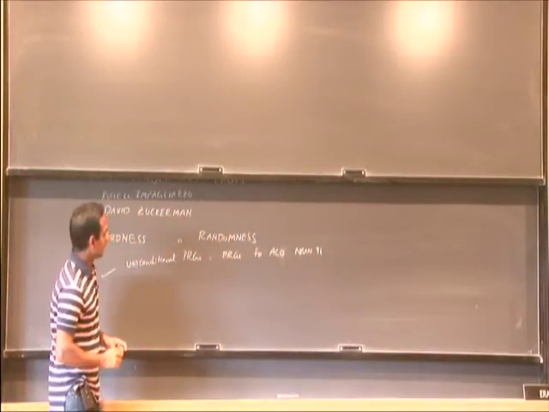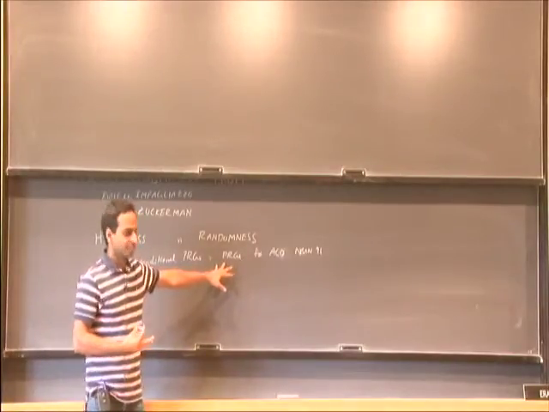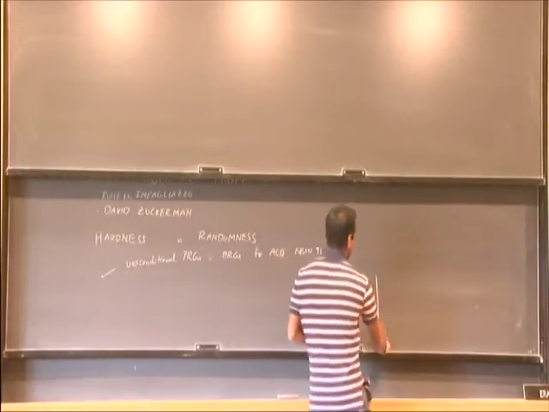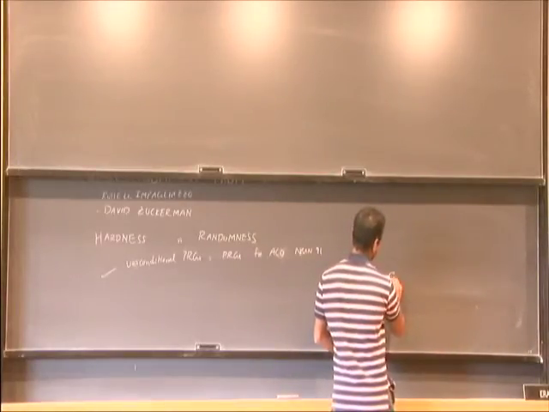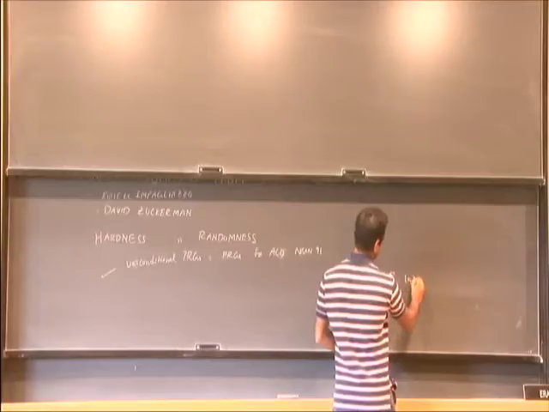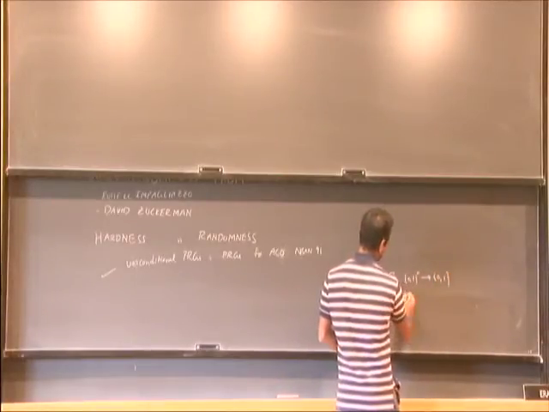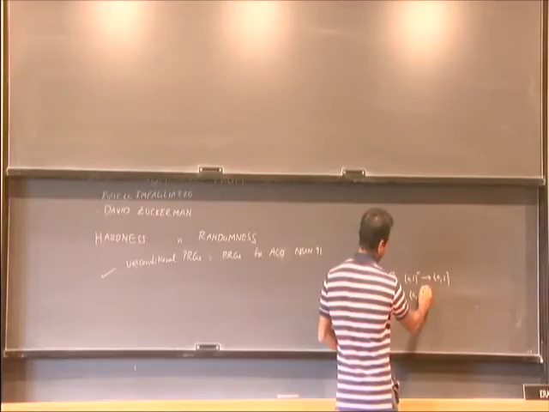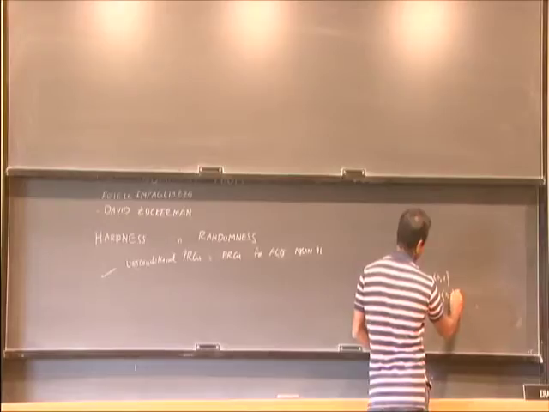Let me just define what a PRG is. We'll go into the formal definition later. You have a class of functions f from n bits to a Boolean output, and you have a generator g, which takes a short seed of length r and maps it to n bits.